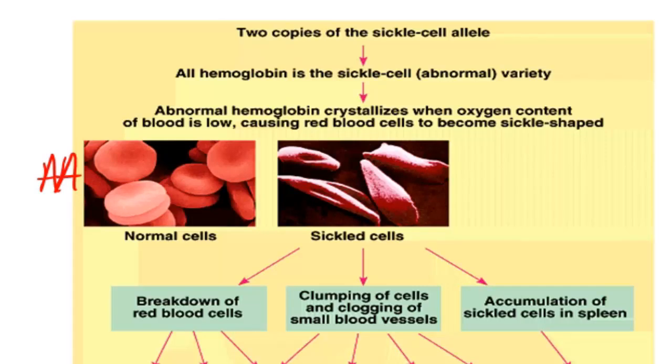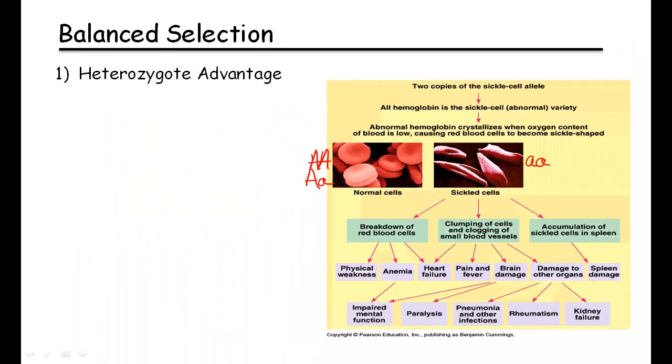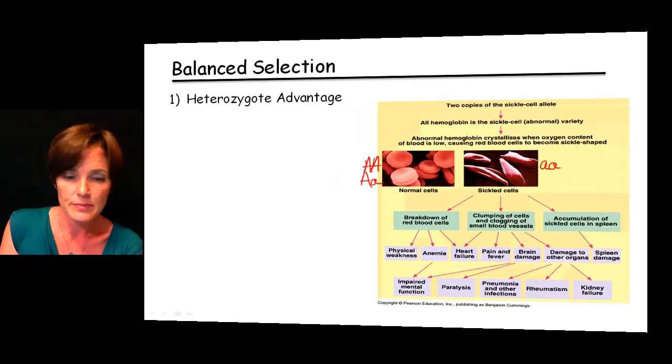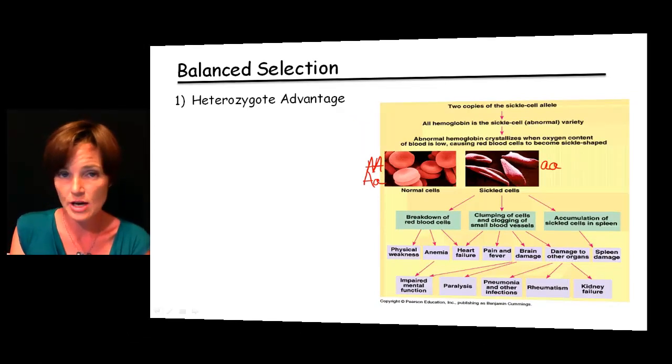Those are the normal ones. It could also be someone that is heterozygous. Someone that has sickle cell anemia is going to be two lowercase a's. Well, you might wonder, why do we still have individuals that are even heterozygous if having that little a is such a bad thing? Well, first of all, they are diploid, so they still have that good allele, the capital A, which is going to help them out.